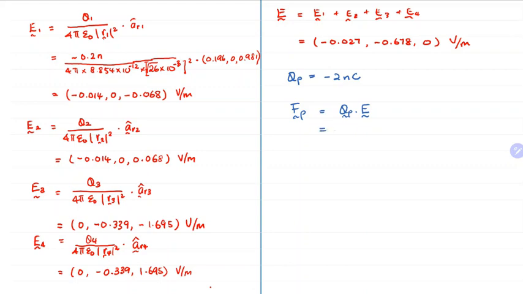That is -2 nano times (-0.027, -0.678, 0), that will give us (5.423 times 10 to the minus 11, 1.356 times 10 to the minus 10, 0) newtons.